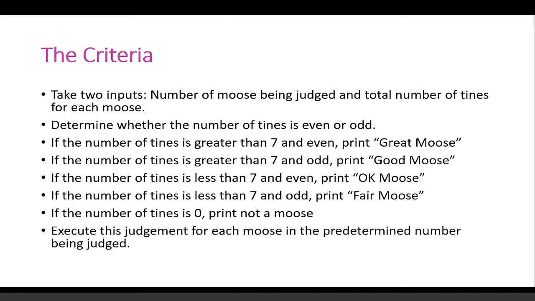You're going to need to take two inputs. One is the number of moose being judged, and the other is the total number of tines for each moose. So you're going to need a loop to be able to enter in the number of tines for each moose. You're going to want to be able to loop your program to give a score for each moose.